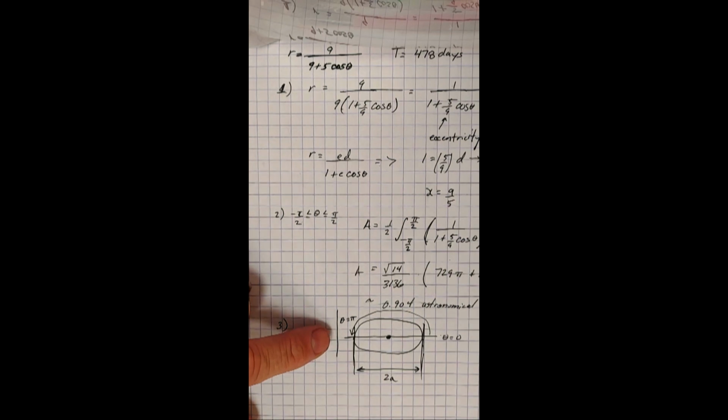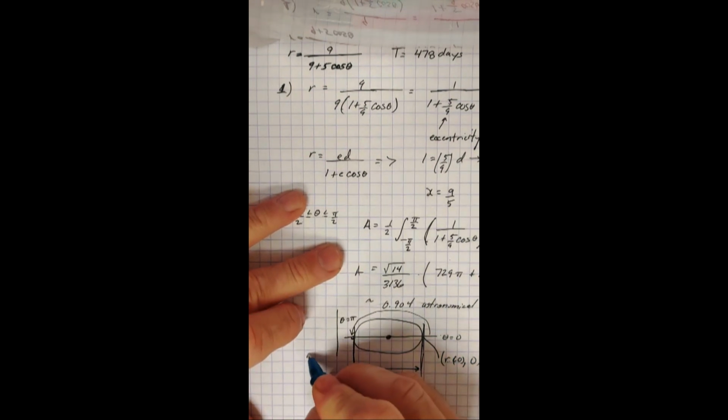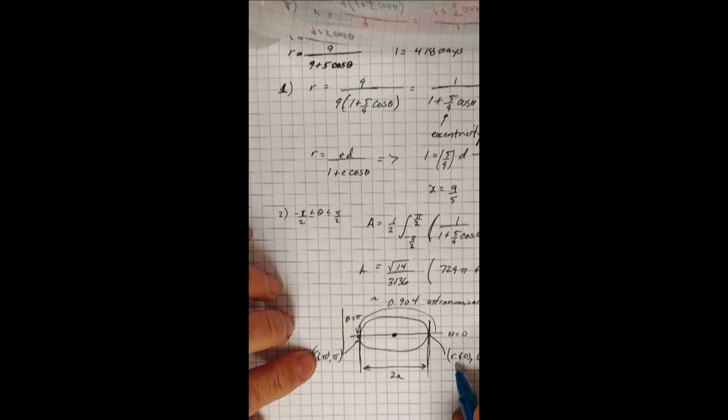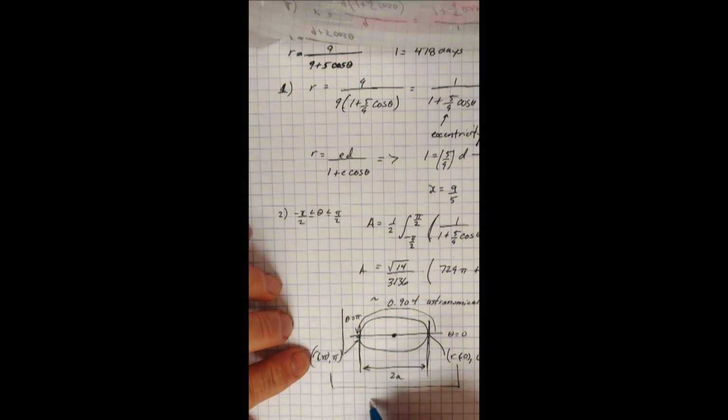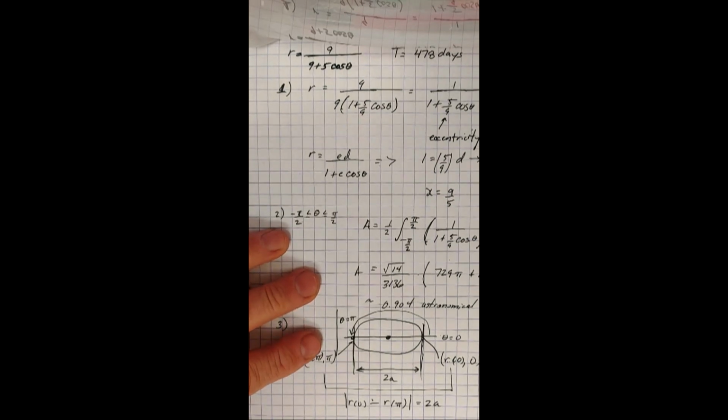And so the hint it's asking you to recognize is that r of 0 is going to give you the first value of the ordered pair there, and then r of pi is going to give you the value there. And so the distance between these two, r of 0 minus r of pi, is going to be twice the a term that is defined here.